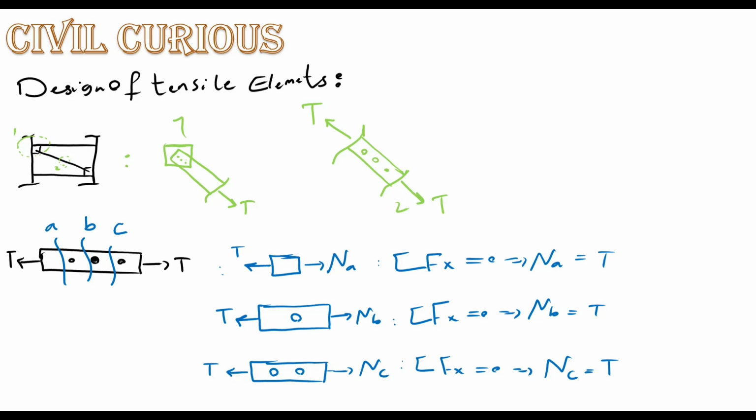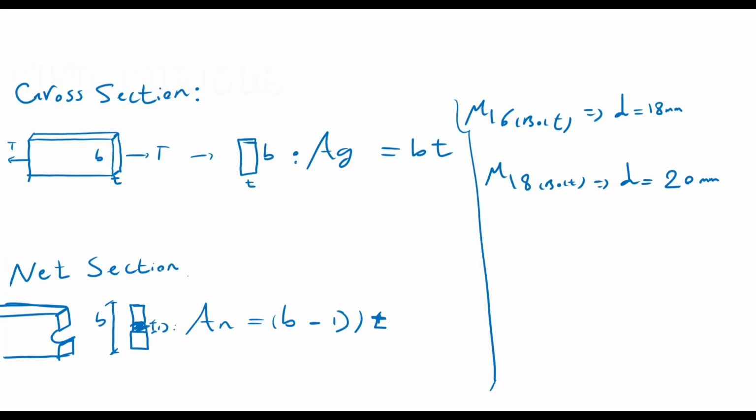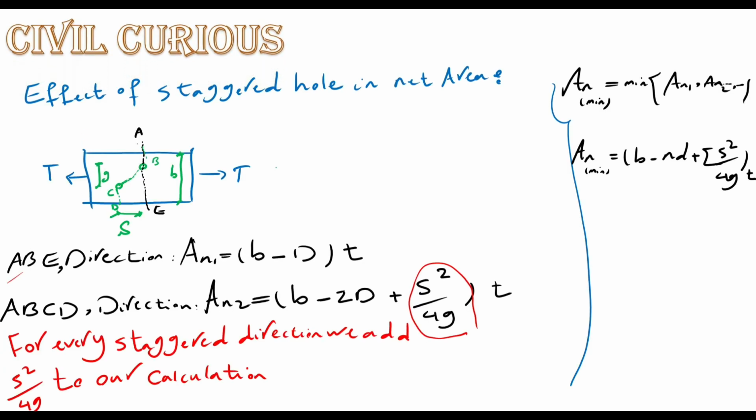I made the example and told you that we have tensile force in braces, and I told you the difference between a tension element when we have a connection or not. For example, in this example, we have a connection. Then we introduced the gross section and net section and the calculations related to them. Then we entered the effect of staggered holes in calculating net area.